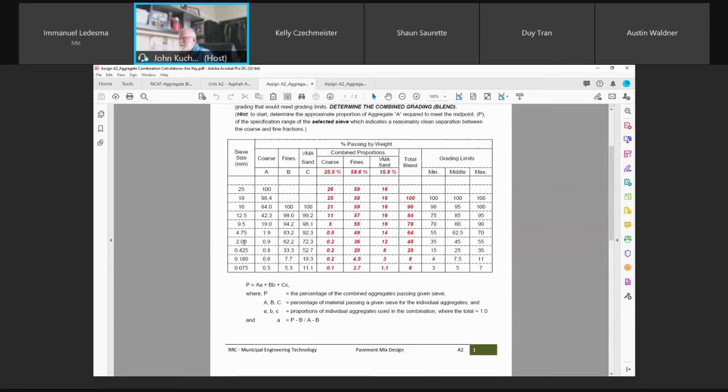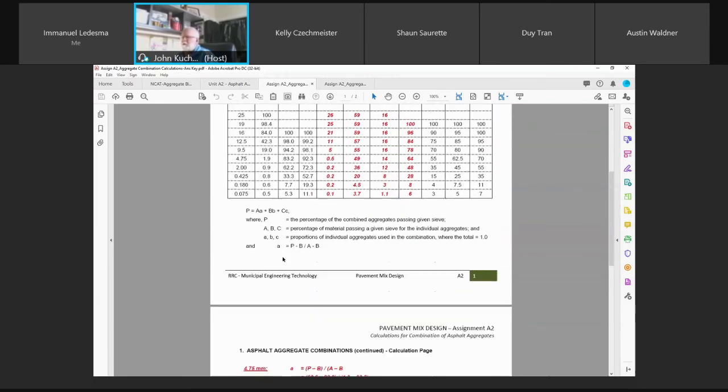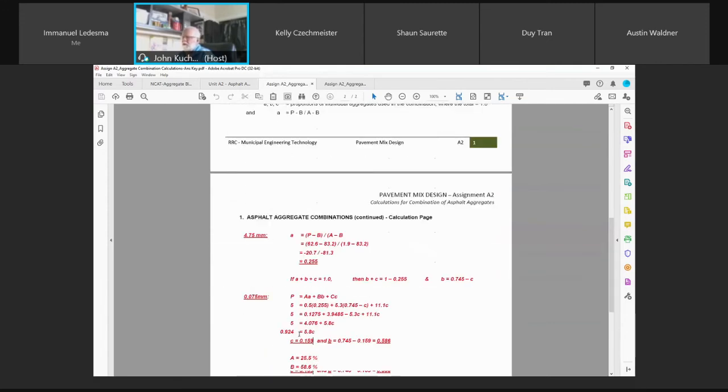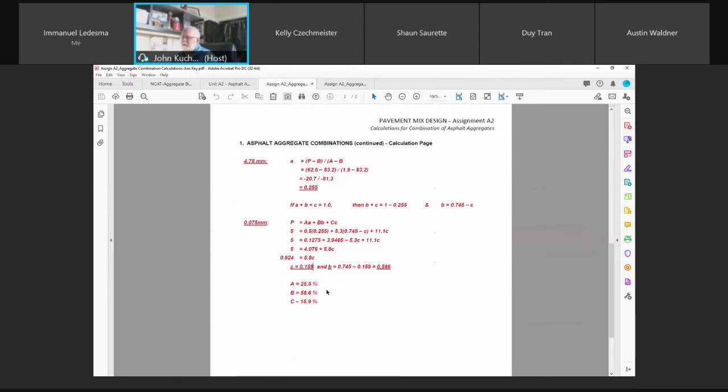So I went through this a little quicker, but the main thing is always refer to these calculations. Now I gave you the solution sheet. Once you've determined your percentages, 25.5% of A, 58.6% of B, and so on, you could actually round these off to 26, 59, and so on, and it equals 100.